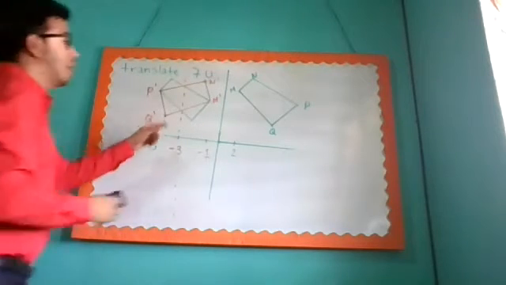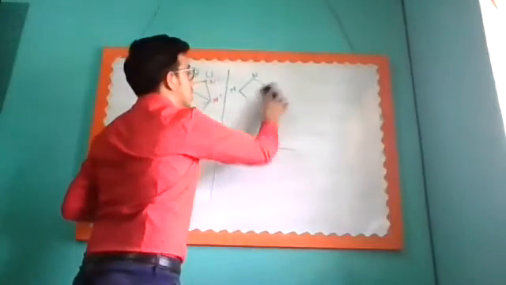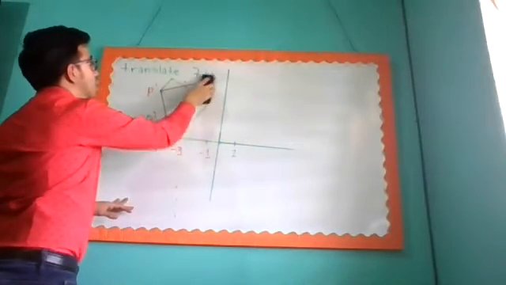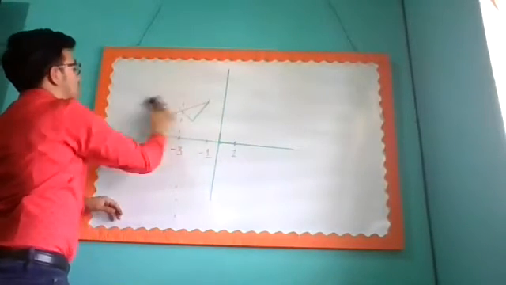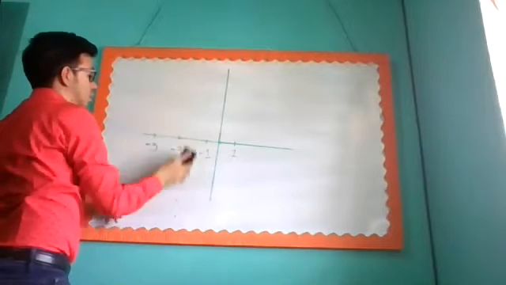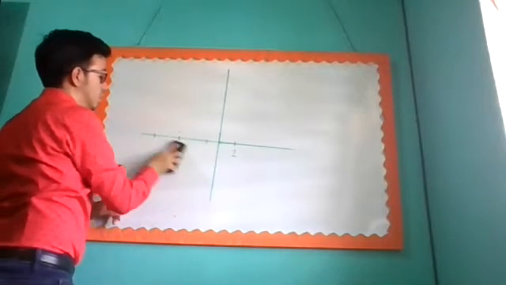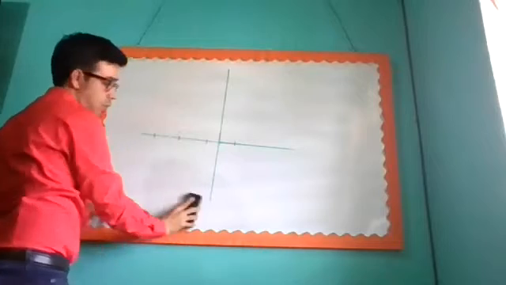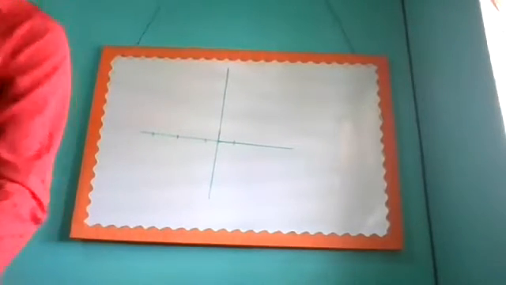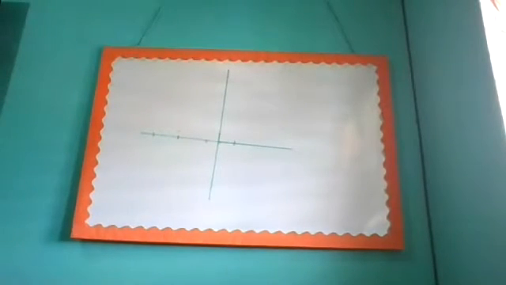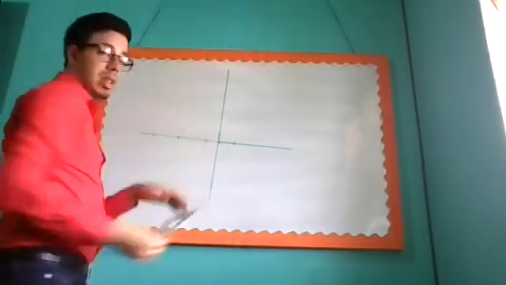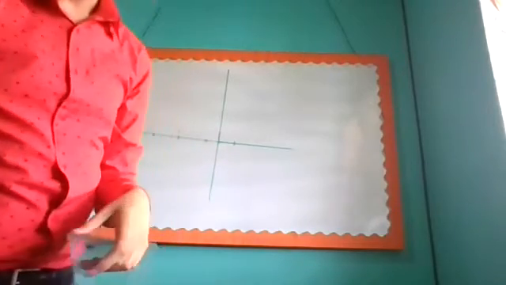I'm going to erase the figures so I can draw the other ones. I'm going to erase the numbers too, because I don't know if I'm going to need something else. I have this, but I don't know if it's too big. No, this is going to help me.